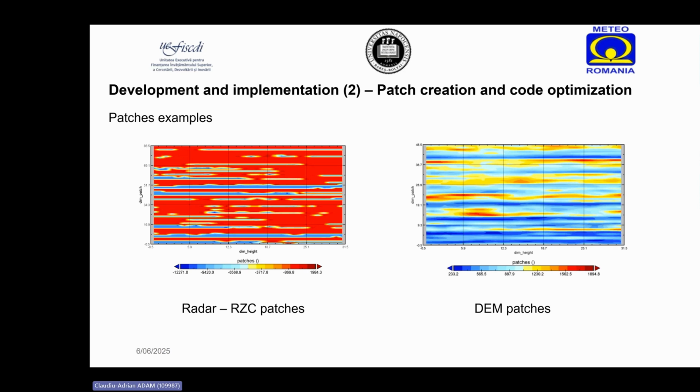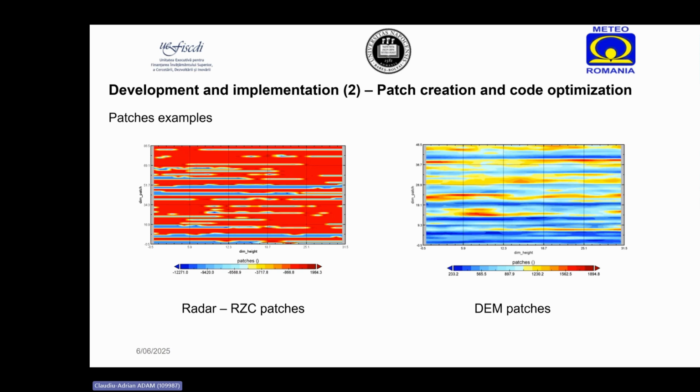These were created using their code, so the code for the patch creation was not modified. All the patches were averaged together to create these maps that will be fed into the model.